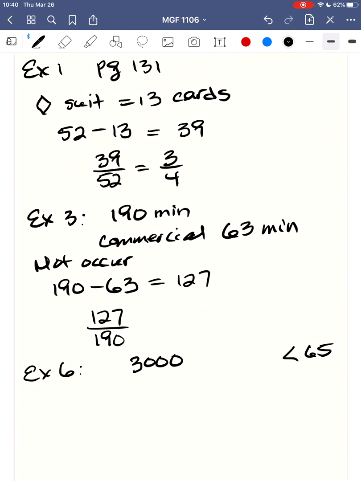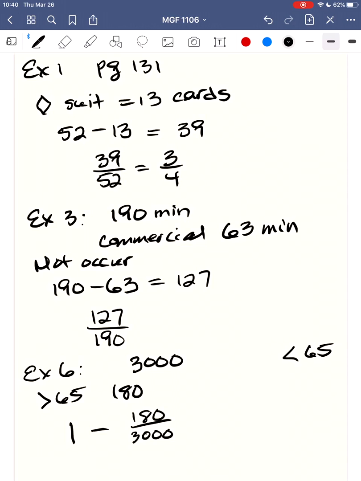Now, I don't have to sit through and add these. I know the number of moviegoers greater than 65 is 180. I'm going to use this to my advantage to find the ones that are not in that range. So I'm going to take 1 and subtract my probability that they are greater than 65.